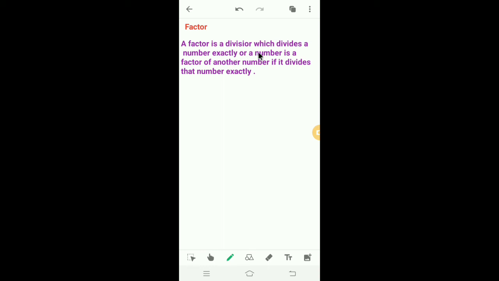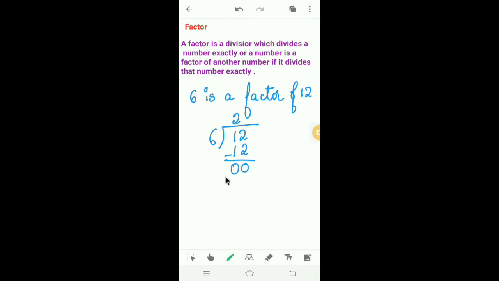For example, 6 is a factor of 12 because 6 divides 12 exactly. 6 2s are 12. 2 minus 2 is 0, 1 minus 1 is 0. So we can say 6 is a factor of 12.